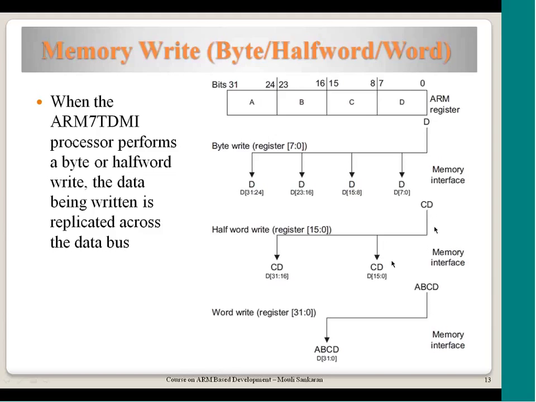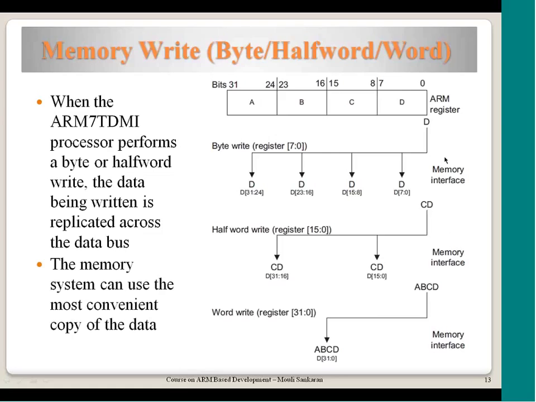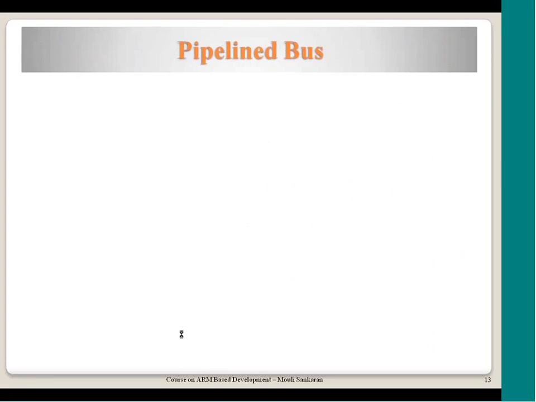If it is a half word transfer, then it is given on both 16-bit halves of the data bus. So this is the way memory is written with different word widths from the processor, and it can use the most convenient copy of the data.